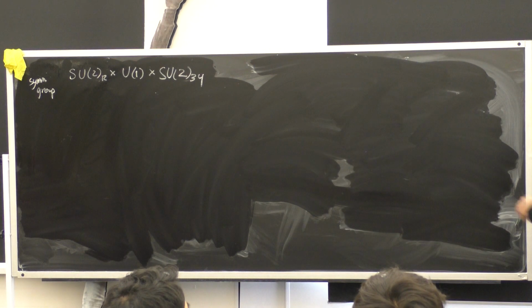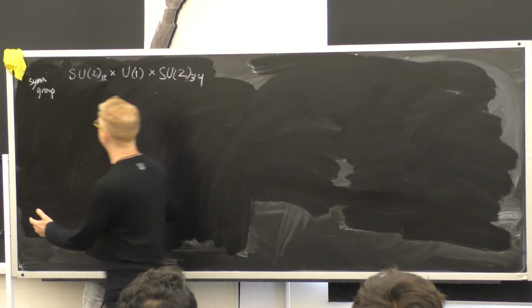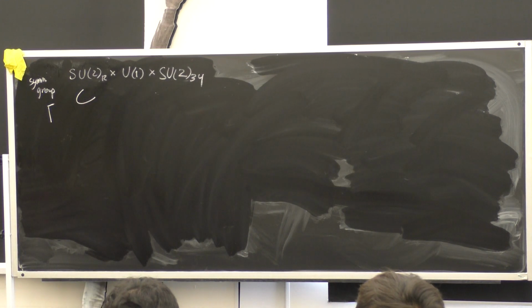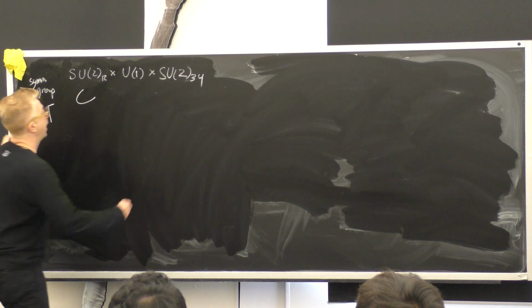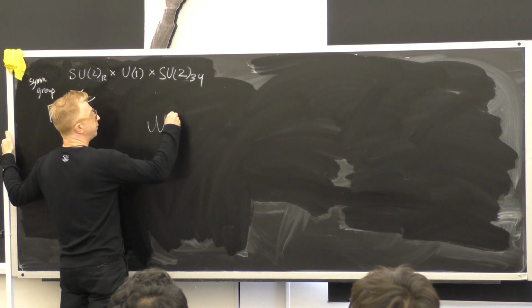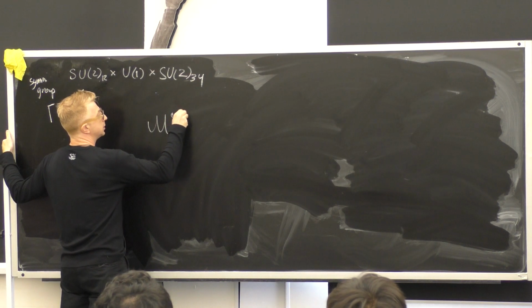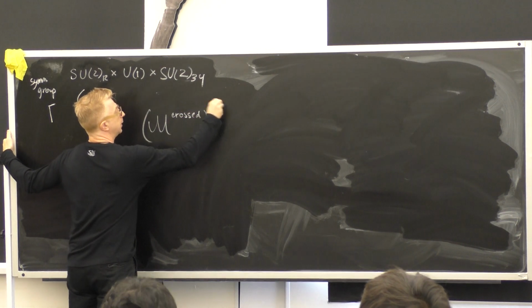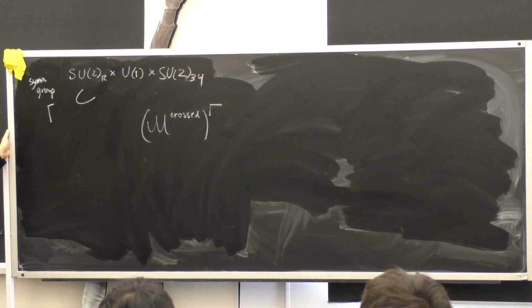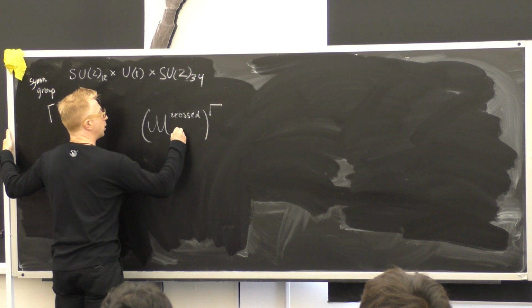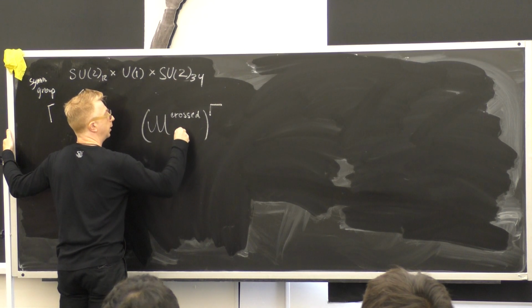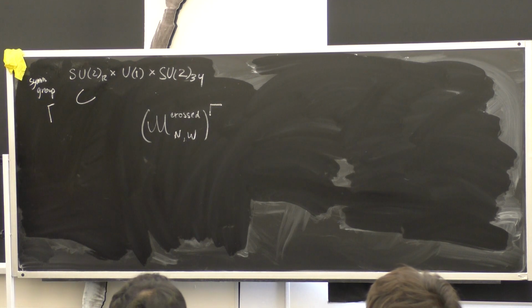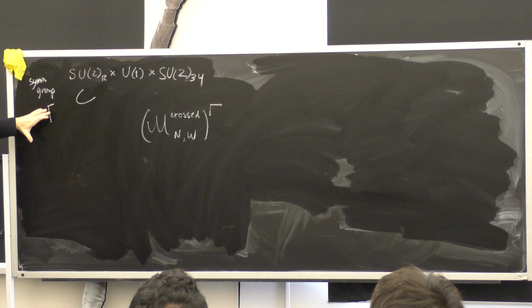So you can choose a discrete, finite subgroup of that big group, and you can now define a new moduli space. Well, let me do it more slowly.